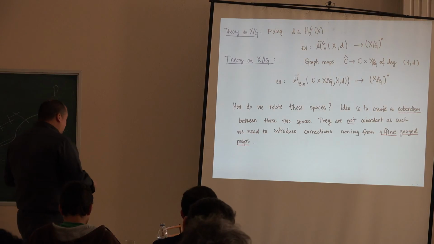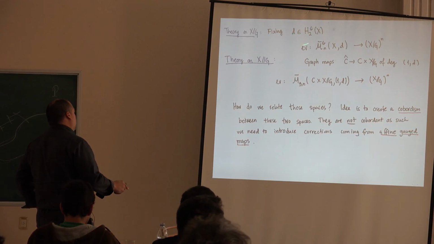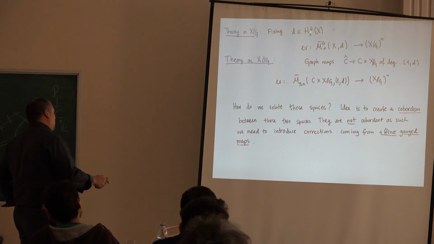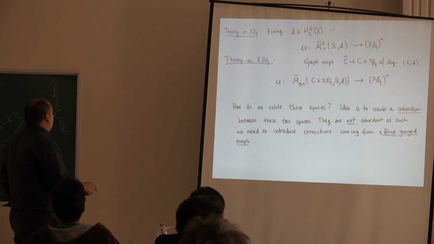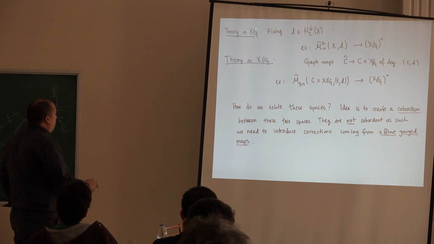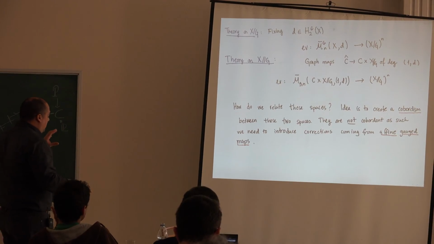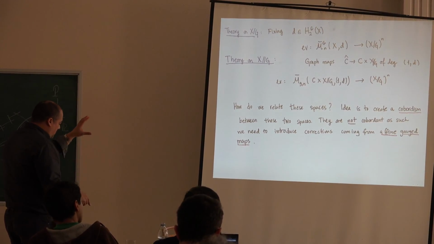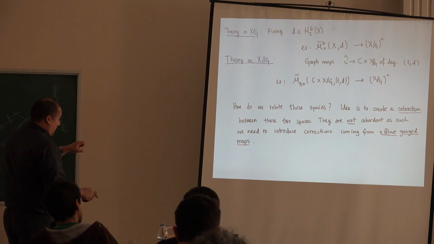Okay, so once we have this, then let's fix a particular degree. So this degree is, again, an equivariant degree in the second homology of X, or Chow ring, whatever you want to use. So the theory in X mod G is these gauge maps that I defined. And the theory, I'm going to relate these maps to the theory on X mod G. Now, in the case as I define it, because I am picking a particular bundle, I am assuming that the bundle only lies on a smooth component of this stable curve.